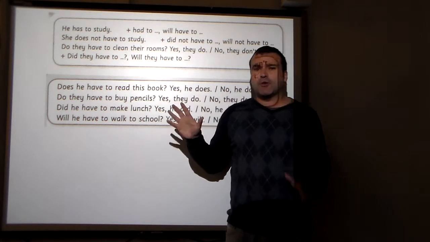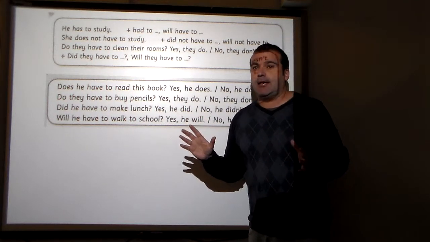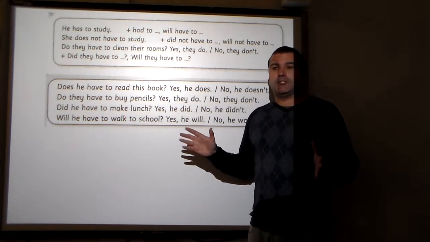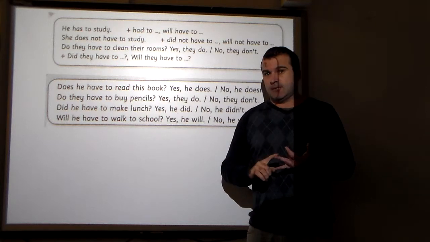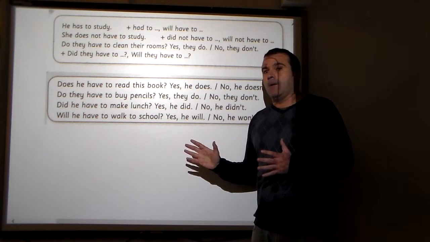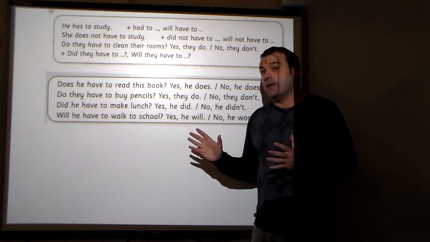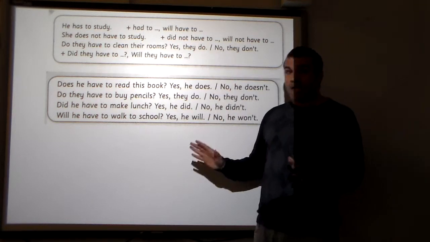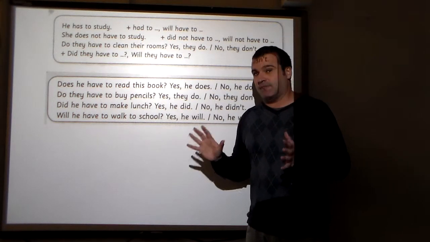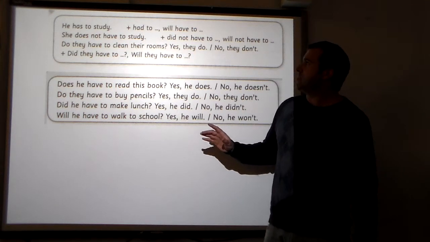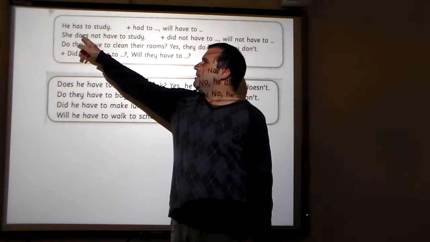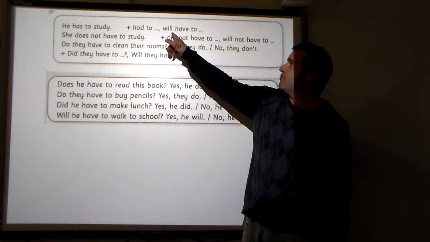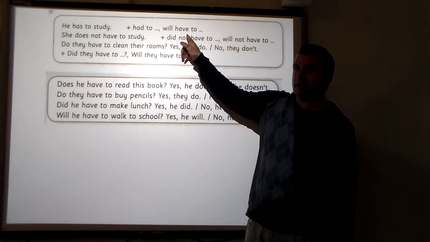So, let us notice, we've got to be careful, since in order to transform the sentences into the past or the future from the affirmative, we change the auxiliary verb, but the main verb remains in the base form, remains in the infinitive. Especially in the future, because she will have, not she will has, as some kids do.